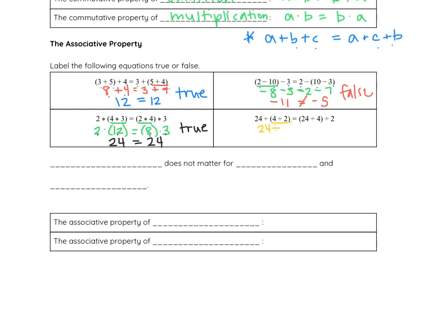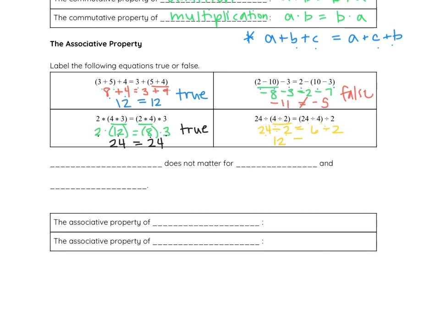Then 24 divided by 4 is 6, and then divided by 2. On the left side, we have 24 divided by 2, which gives us 12, and then 6 divided by 2, which gives us 3. So that is also not equivalent, so this is a false statement.